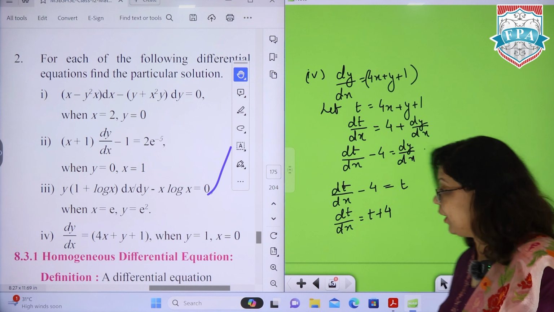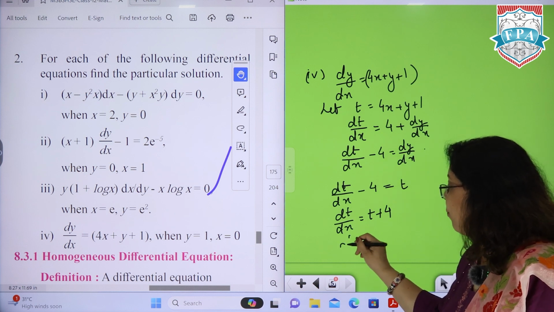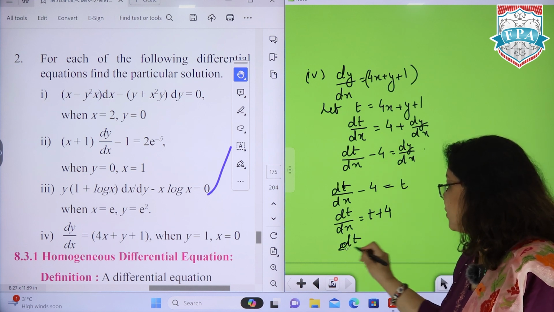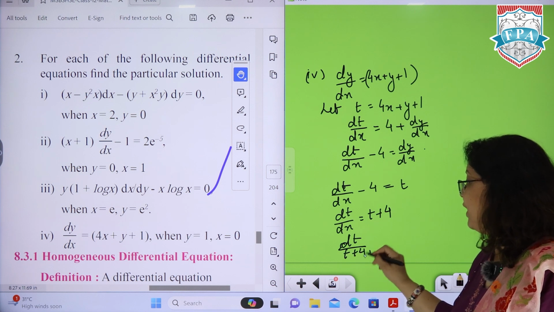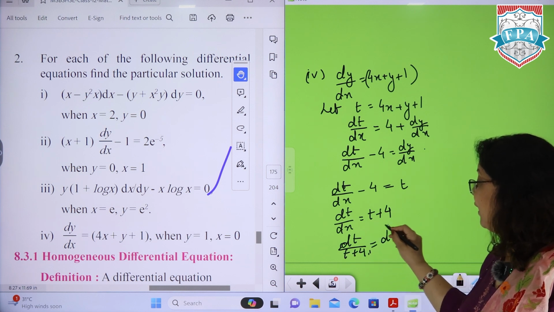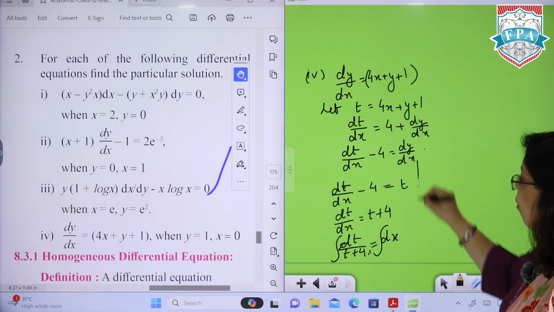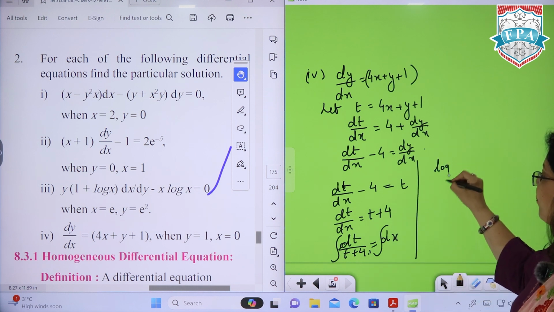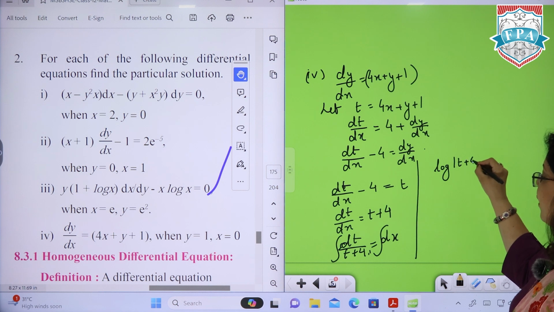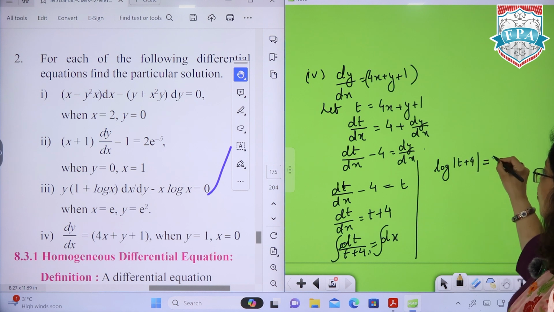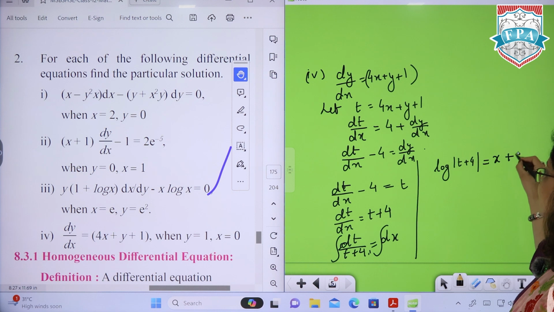So we'll separate the variables: dt upon t plus 4 is equal to dx. Then integrate both the sides. You are left with log of t plus 4 is equal to x plus c.